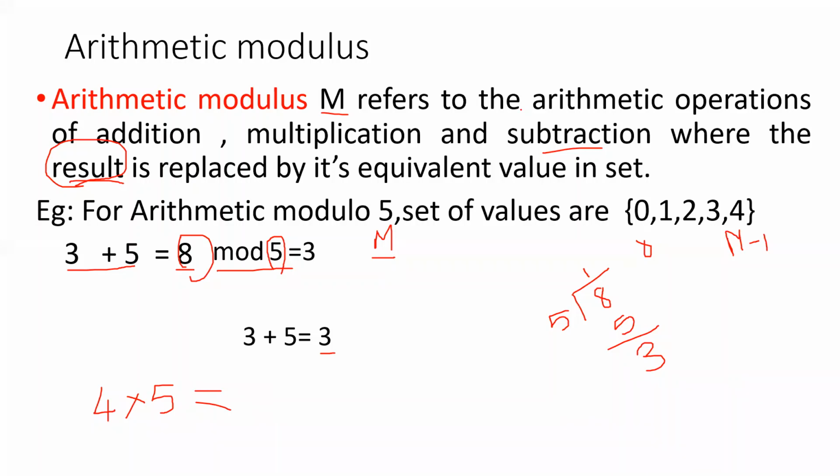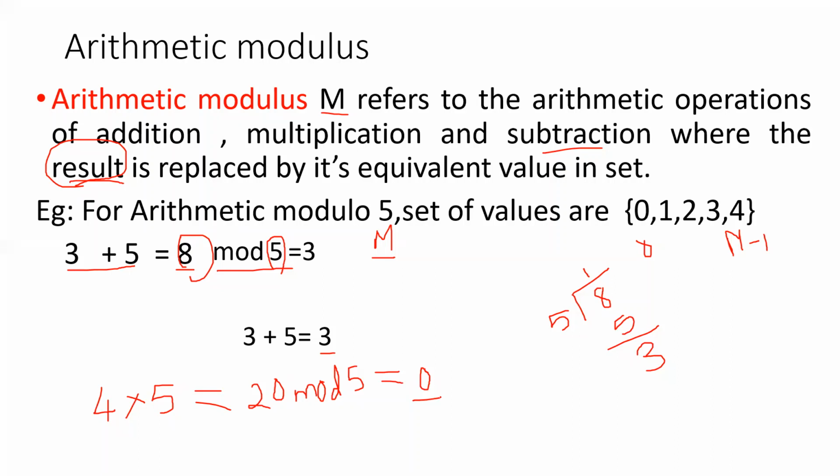So the remainder will be 0. So whatever big number you are getting, here 4 multiplied by 5 gives 20. The result, you will be finding mod with 5. When you find mod with 5, 20 is completely divisible by 5 and the remainder is 0. Got it? So when you find the arithmetic modulus, 4 multiplied by 5, you will be getting the answer as 0.